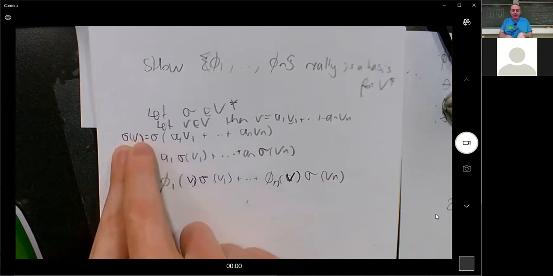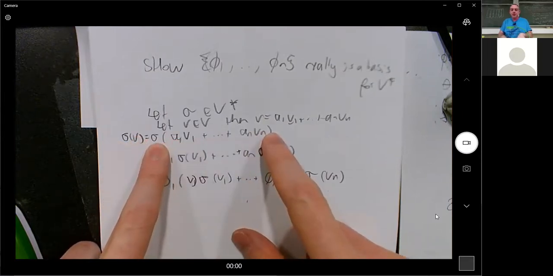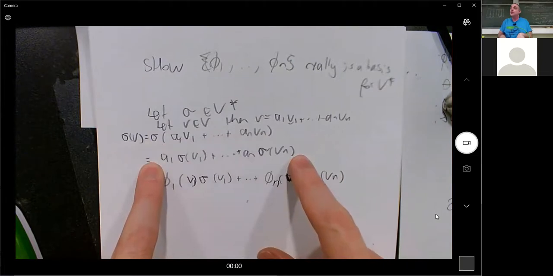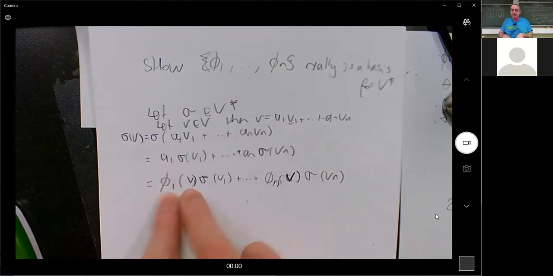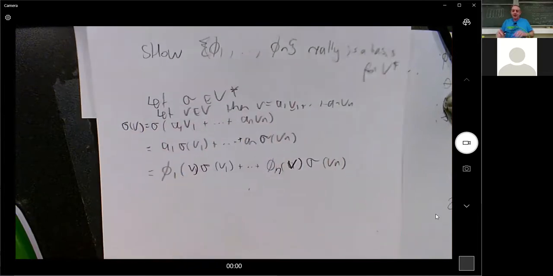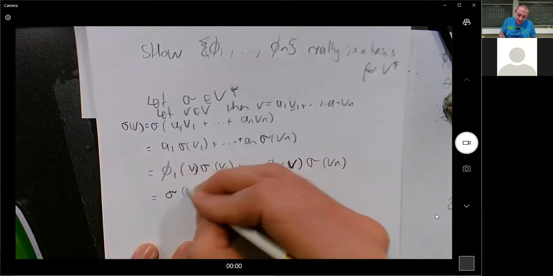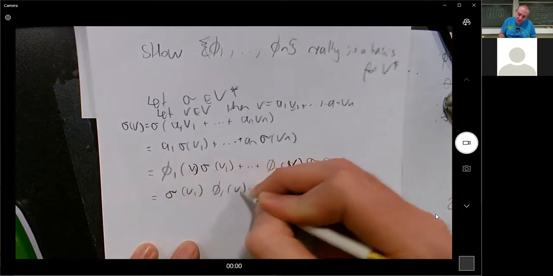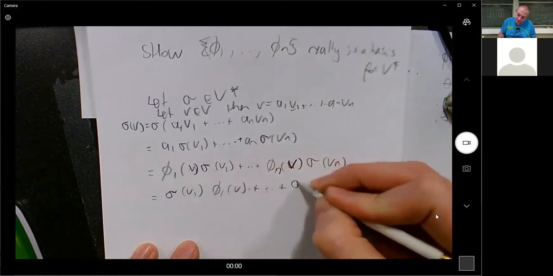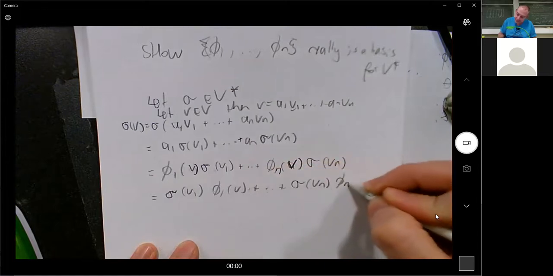So sigma of v is sigma of this, because linear transformation. And a1 is phi 1 of v, because that's how phi 1 works. Nothing up my sleeves. This is sigma of v1 phi 1 of v plus sigma of vn phi n of v.